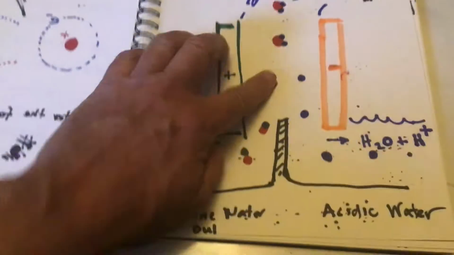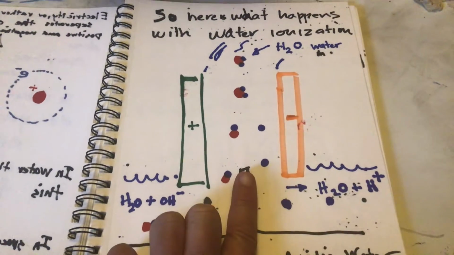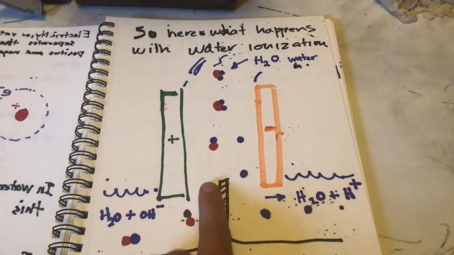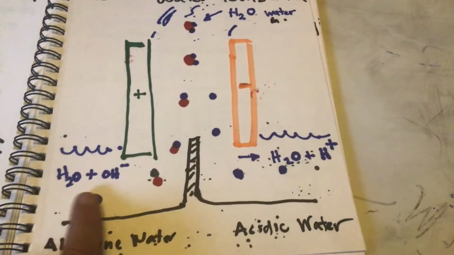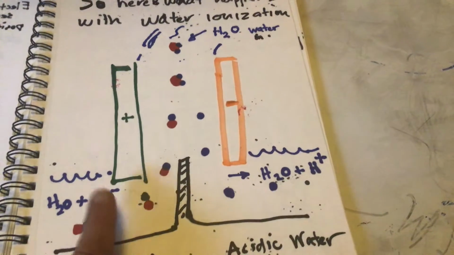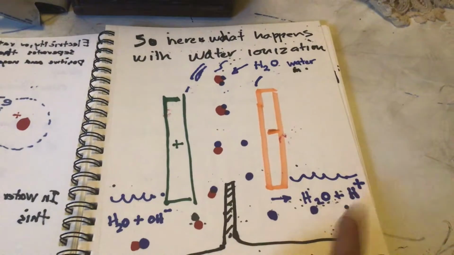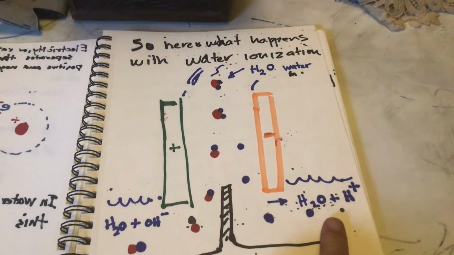So as it would go down here, and then if it was separated by a barrier, you would get a flow of water, H2O, and the OH hydroxyl ion right there, and on this flow, you would get water and a hydrogen ion right there.